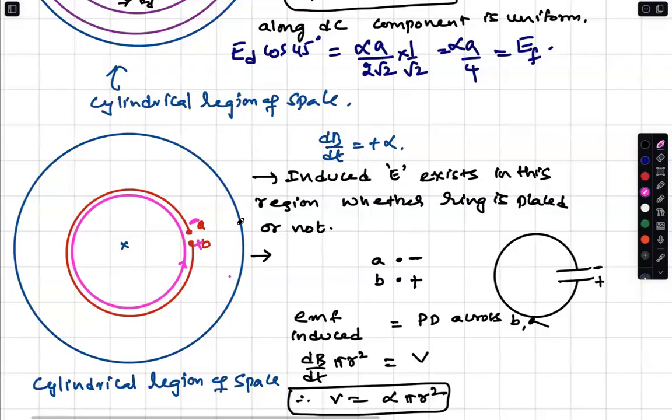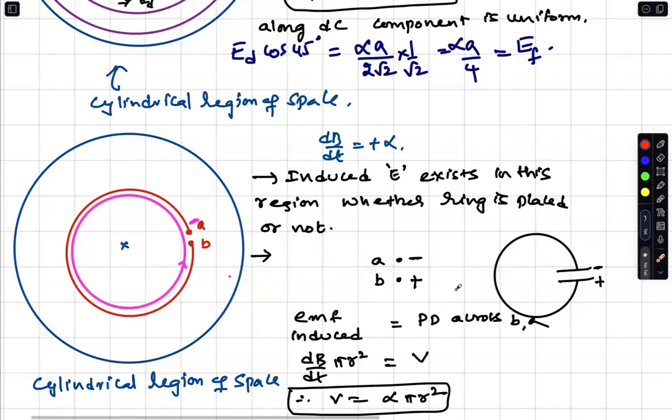But the ends A and B are at different potentials, because accumulation of charge takes place. I have clearly told you the reason. You can imagine as if that situation is equal to this. That situation is equivalent to this.